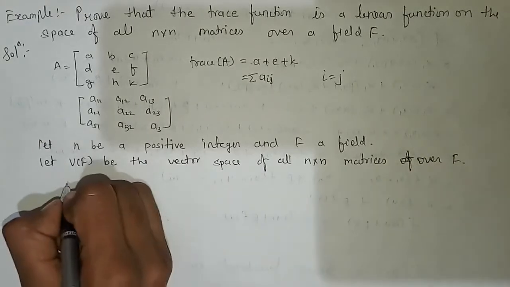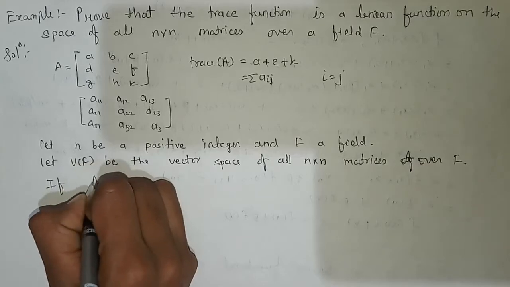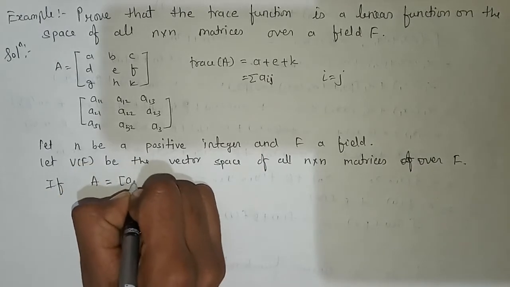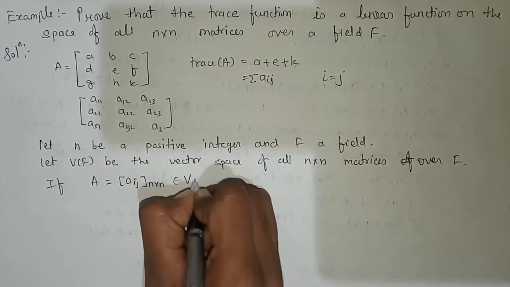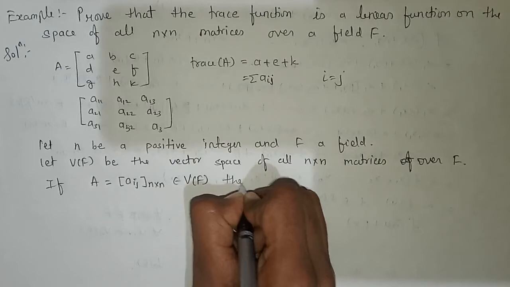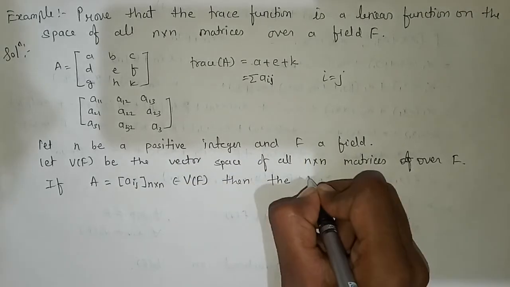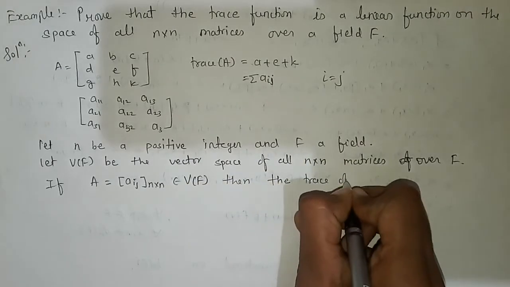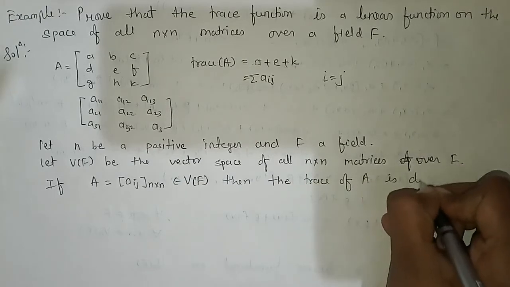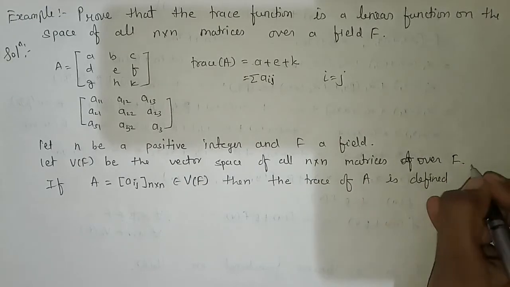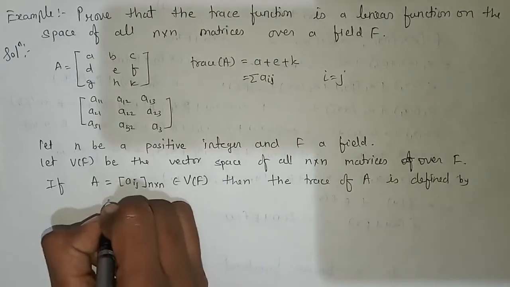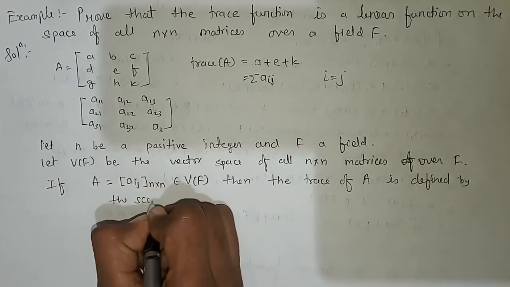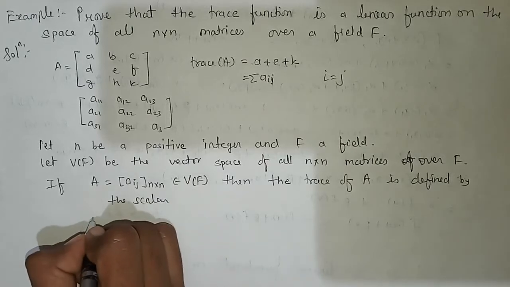If we are assuming that A is any matrix Aij of order n cross n which belongs to V of F, then the trace of this matrix is defined, as I already told you, as the sum of all diagonal values. So here trace of A is defined by a scalar.